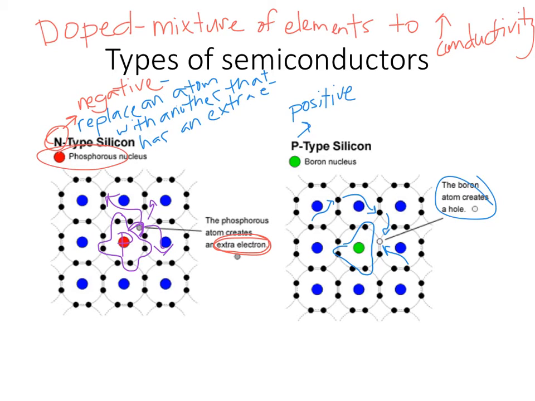And for p-type, you're going to replace an atom with another that has one fewer electron.